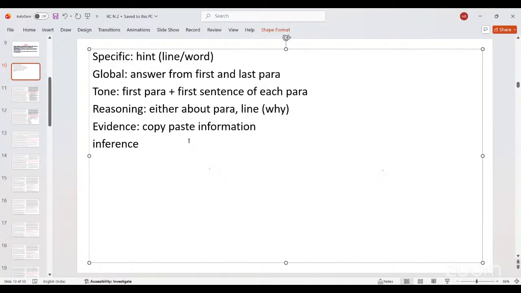Cited, not cited, given: which line is related to the first para, which line is related to the conclusion, which line is related to a certain word. That is called evidence based. Inference is also evidence, but message evidence. All right. First try to solve these questions and after that approach the inference ones.